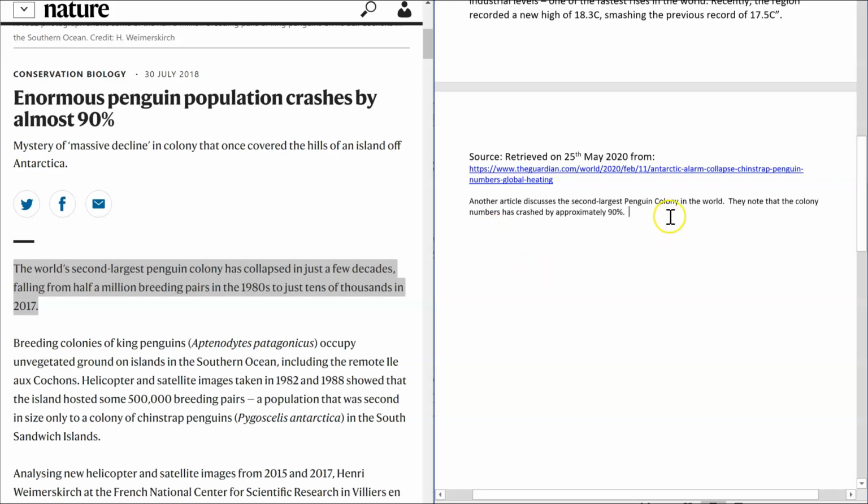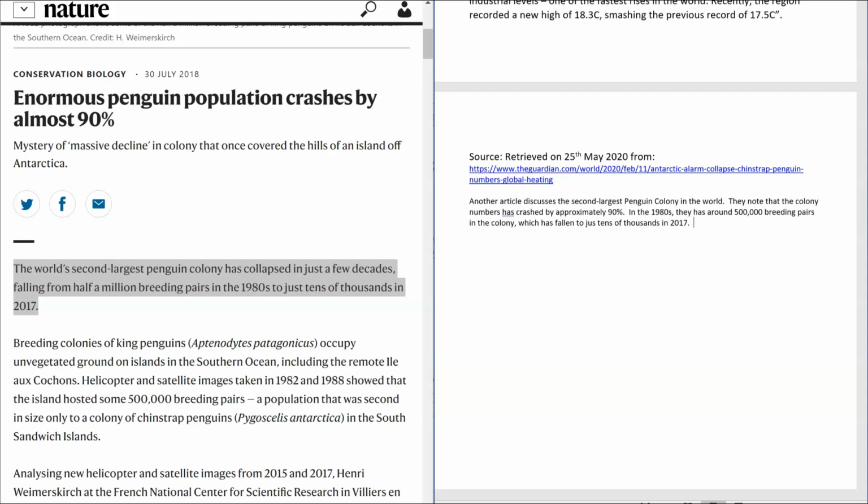Okay. In the 1980s, they had around 500,000 breeding pairs in the colony, which has fallen to just tens of thousands in 2017.